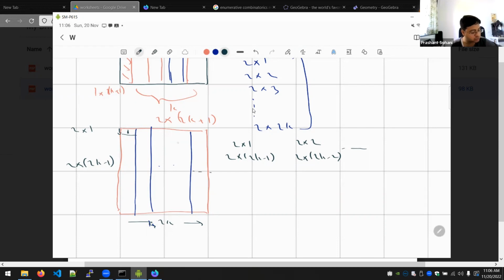Just before the last position there is no problem, because there you will get one tile which is slightly larger and one tile which is slightly smaller. At the k minus 1 position, the size of the tiles will be 2 cross k minus 1 and 2 cross k plus 1, which is also fine. But the very last segment, if you break it exactly in the middle, you will be left with two portions of length k each, which is a problem.